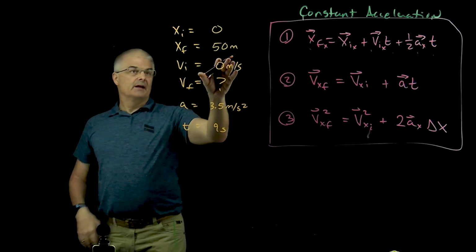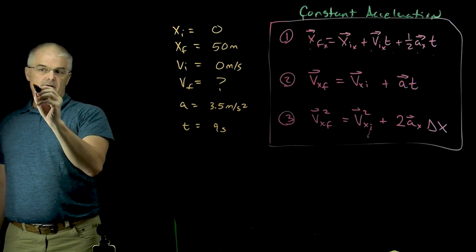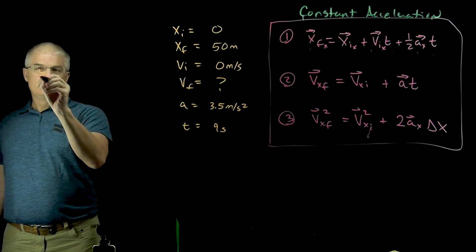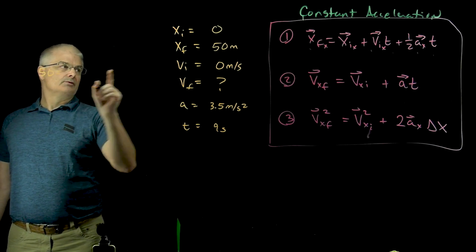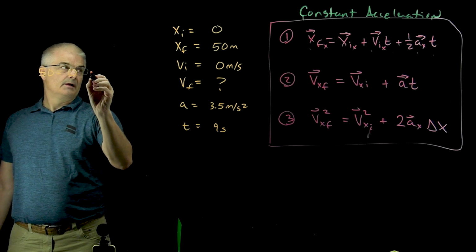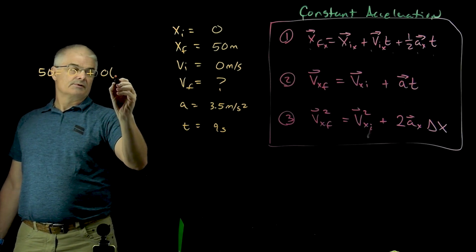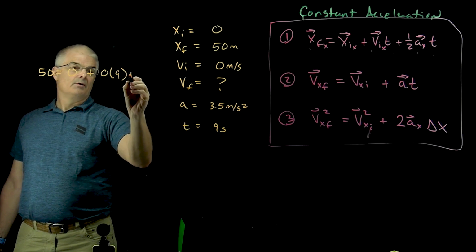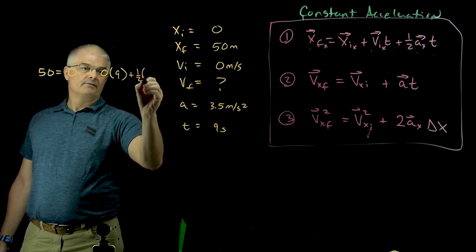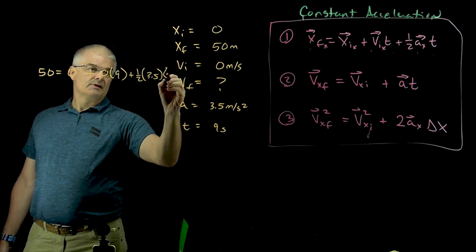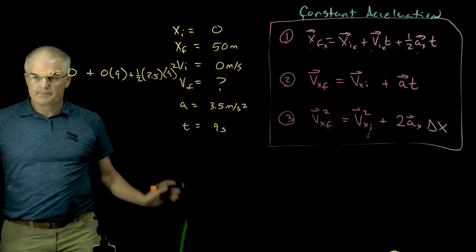So I'm going to say x final is 50. I'm just going to recopy the equation and substitute in the numbers. 50 equals x0 plus v initial at 0 times 9, of course that's 0, plus 1/2 times 3.5 times 9 squared.